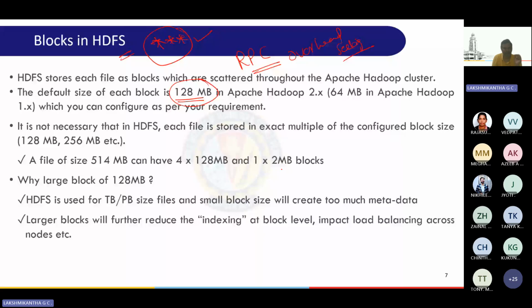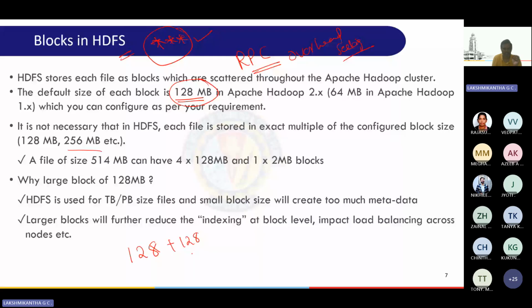Understanding my point, guys? Let me take one example to explain this. A 250 MB file would be split into 2 blocks. Suppose you have a 250 MB file, then it is going to be split into 2 blocks. For example, 128 plus 128, how much is it, guys? 256.